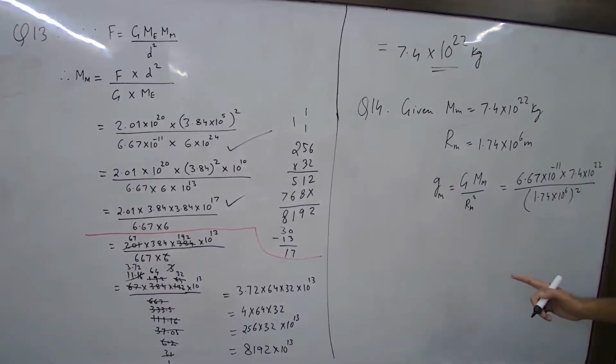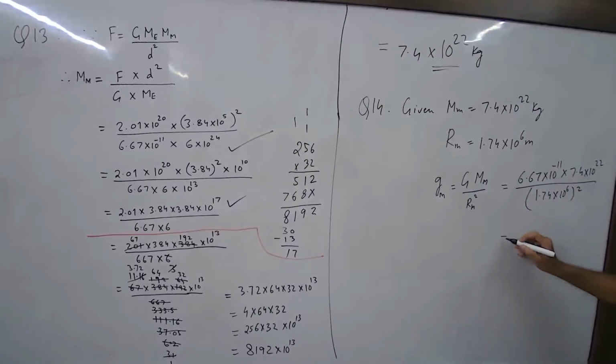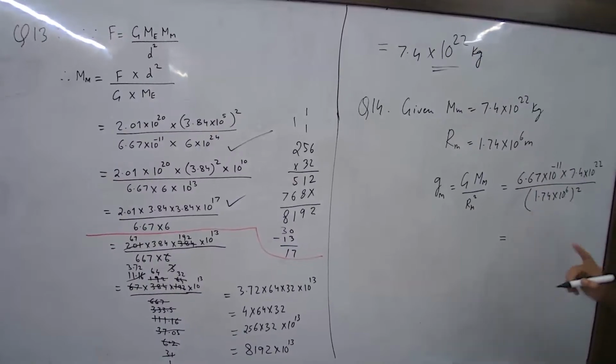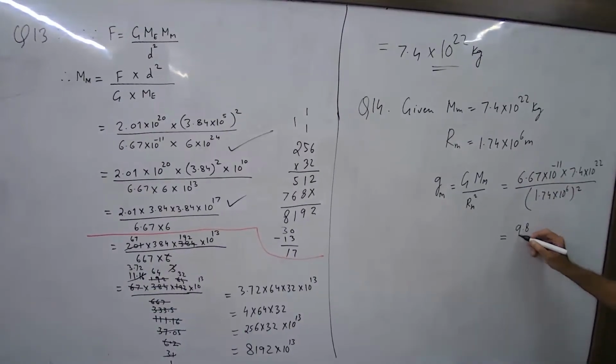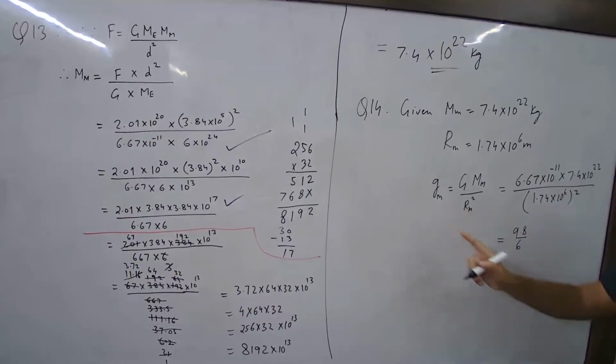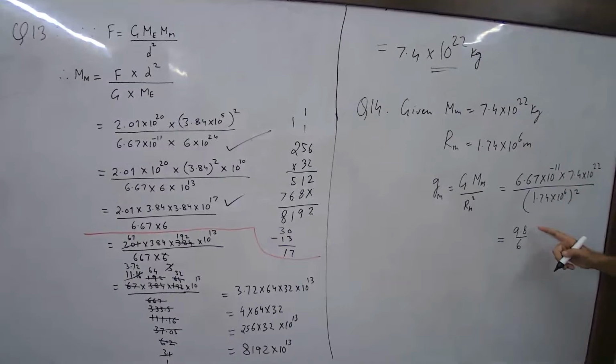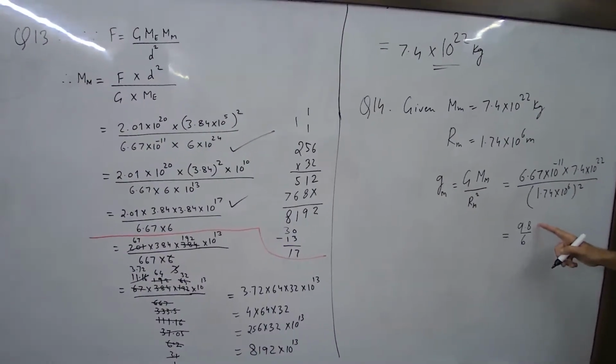Now you know what you should do here. This value will be 9.8 divided by 6. Okay? This should come 9.8 divided by 6 because gravity on Moon is 1/6 of gravity at Earth. And we know the value of this calculation for Earth is 9.8.